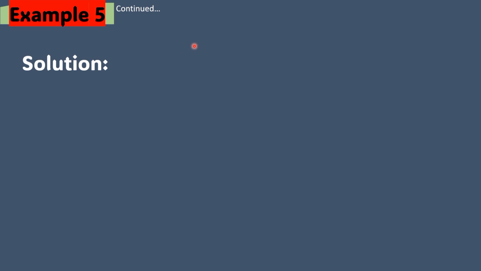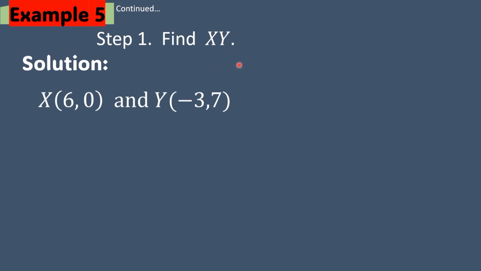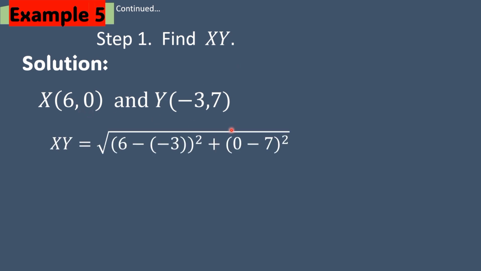In order to compute for the perimeter, we have to find the length of each side of the triangle XYZ. So step 1, find the distance XY or the length of XY with their coordinates. Substitute the coordinates to the distance formula.